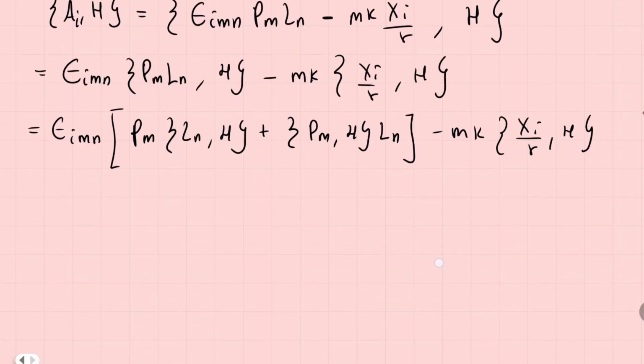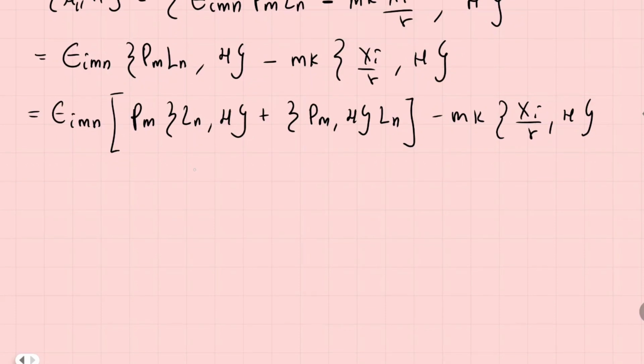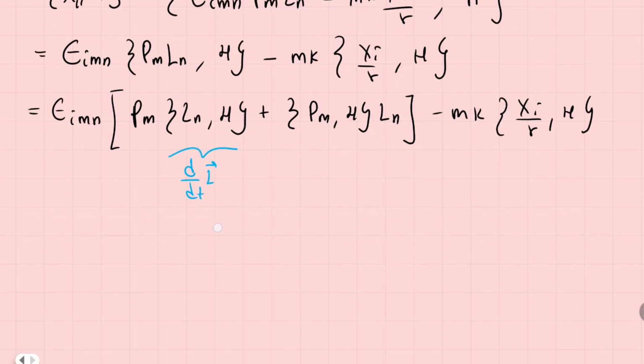Here, we just said that the way to calculate the derivative with respect to time of a quantity is to take the Poisson brackets of that quantity with H. So that means that what we have here is equal to the derivative with respect to time of the angular momentum. But we know that in the context of the Kepler problem, there are no external forces that change the angular momentum.